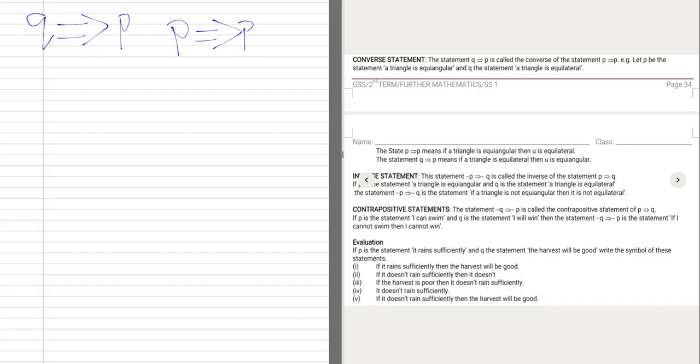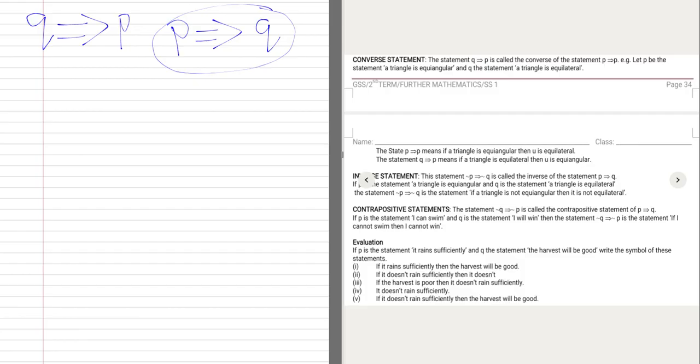For example, look at the example. I think this place is supposed to be, so Q conditional to P is the same as P conditional to Q. I'm not sure the thing they wrote here is right; this is supposed to be the right value. If P is conditional to Q, then Q is also conditional to P. That is what that statement is saying.